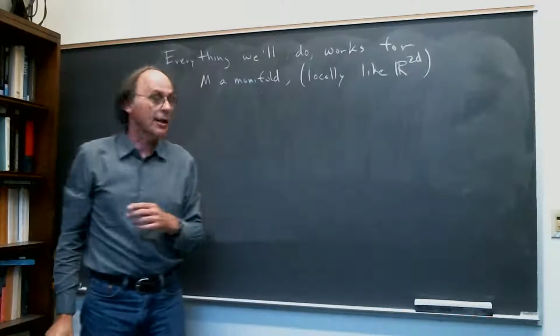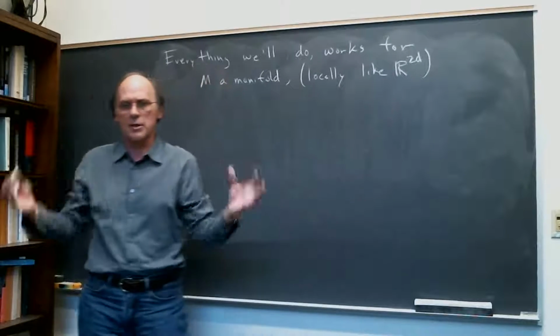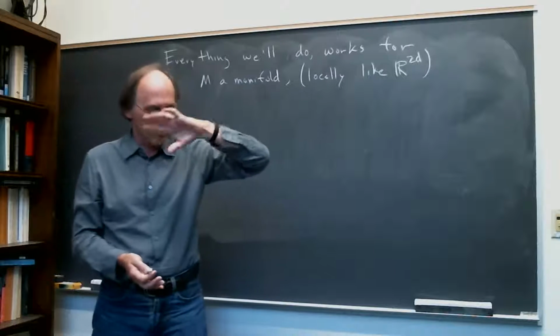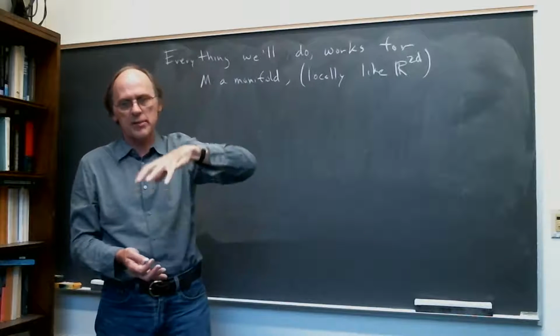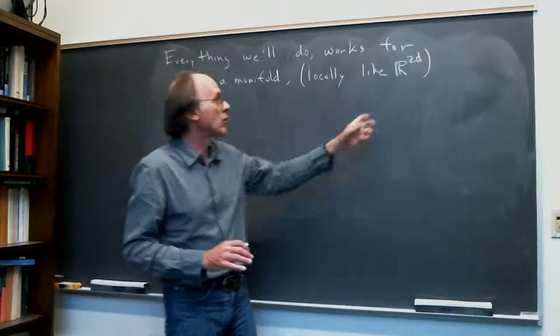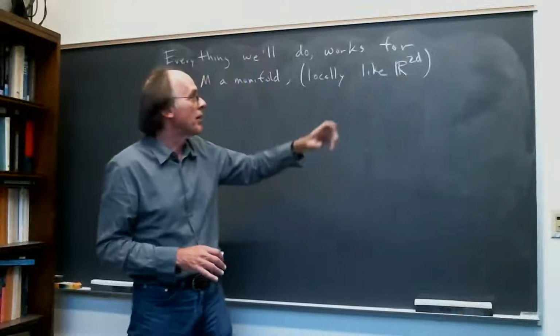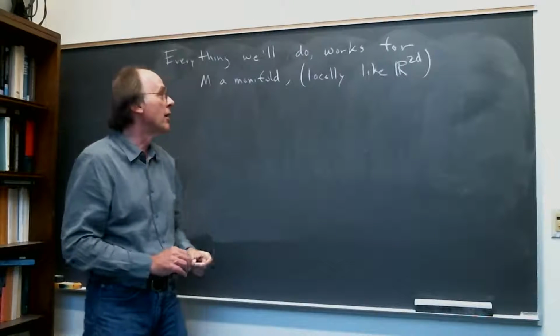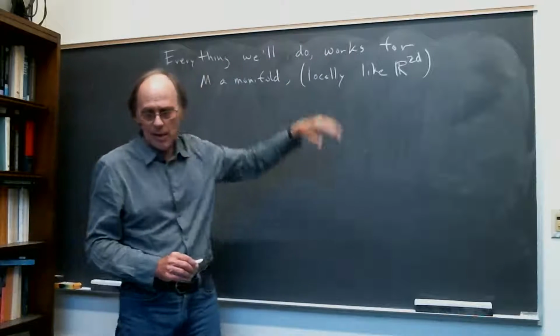So maybe think of something like a sphere where you've put a two-dimensional chart on the top hemisphere and a separate one on the bottom hemisphere, and everywhere it locally looks like R^2, but globally there's a more complicated geometry going on. The point is you can do the same thing here.